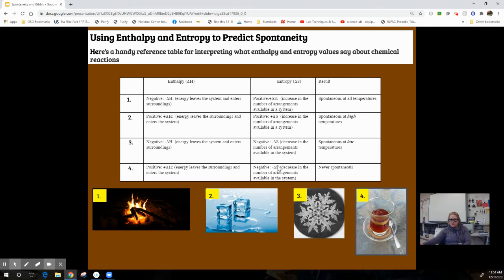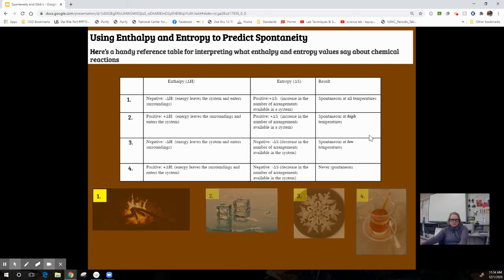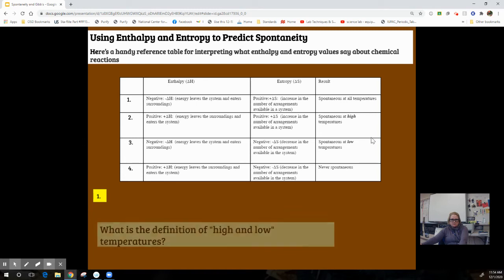So endothermic with a decrease in entropy, that will never be a spontaneous process. The reverse would be spontaneous, but not the forward direction. So trying to pack back that sugar after it dissolved in tea, not spontaneous. So keep this table handy, and we're going to explore what we mean by high and low temperatures.